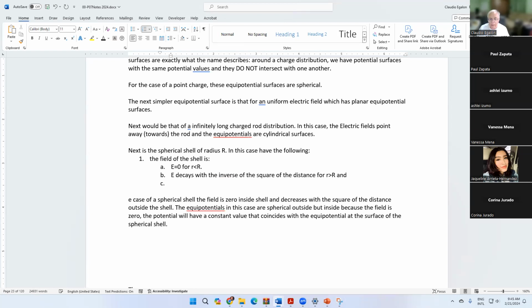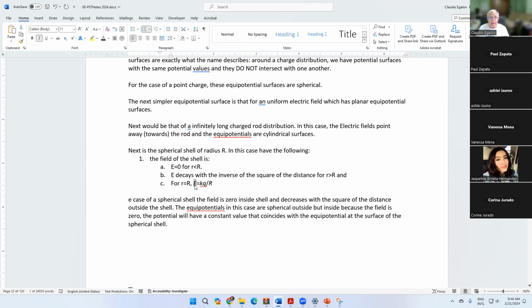And for r equal to big R, E is going to be given by KQ divided by big R squared. Because remember, it's a spherical shell. Outside the shell, the behavior is just like that of a point charge.